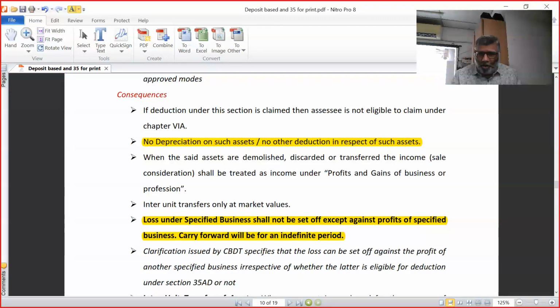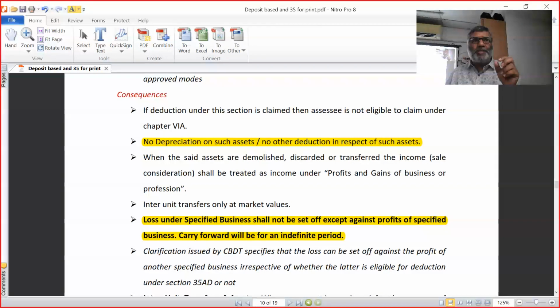The clarification issued by CBDT specifies that loss can be set off against the profit of another specified business, irrespective of whether the latter is eligible under section 35AD or not, because that was not there. That's why it is okay.